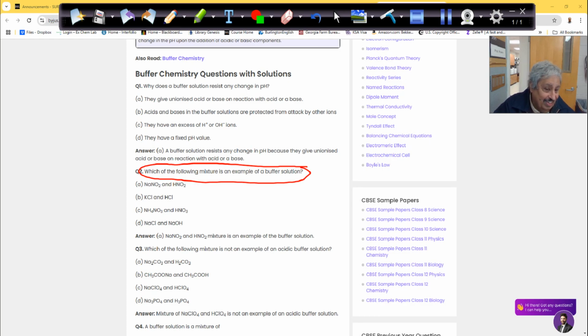Which one? This one is not, because a buffer is made of a weak acid with its conjugate base, or a weak base with its conjugate acid.